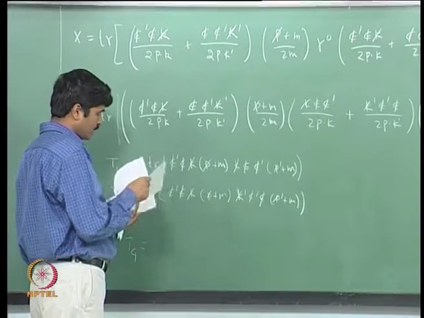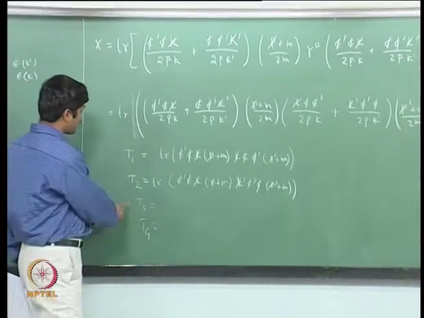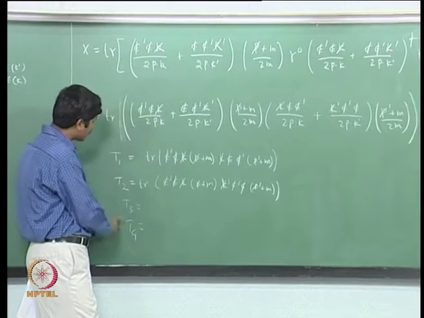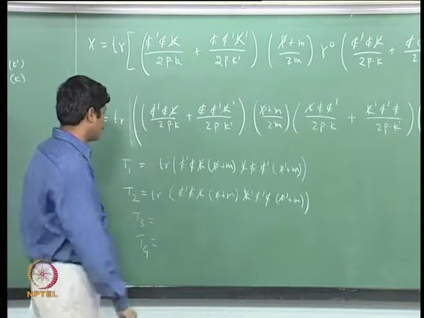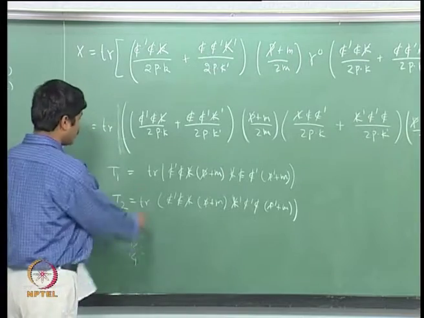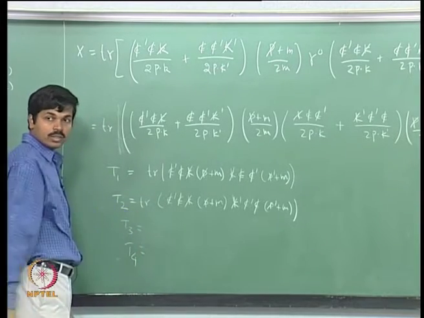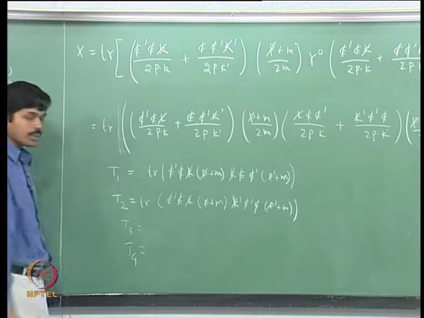So, what we will do is that we will evaluate T1 and T2, and then T3 and T4 we will see how we can evaluate them from T1 and T2 simply by some change of variables, and by using some symmetry of these terms we can just get T3 and T4 from T1 and T2.